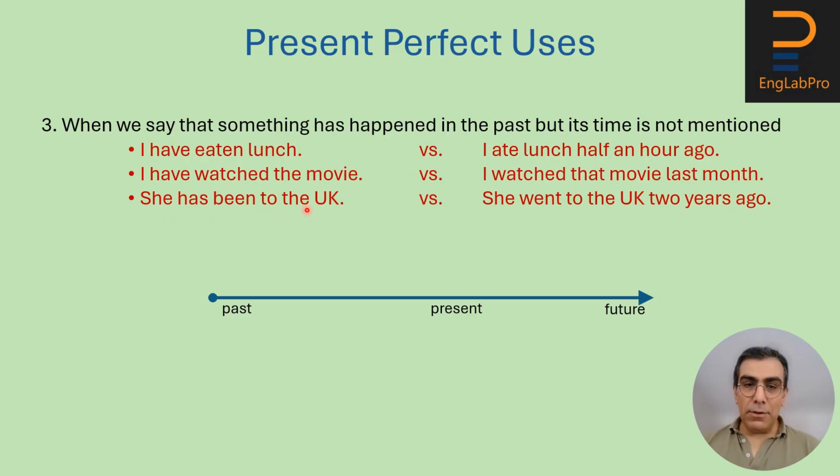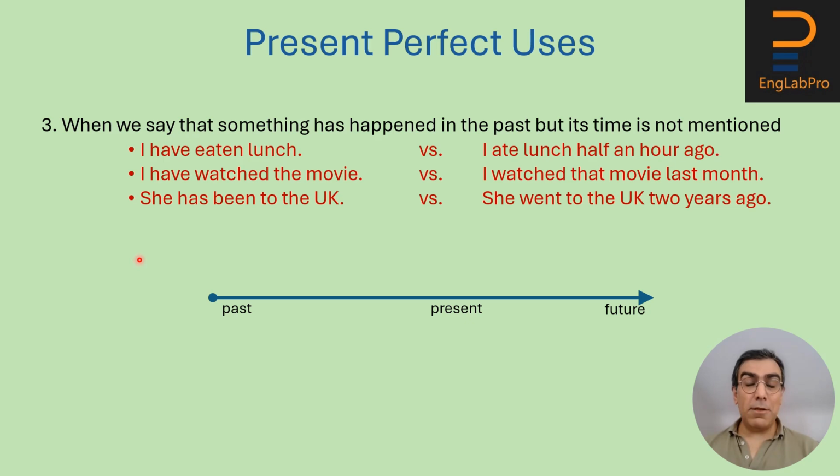She has been to the UK. Means she has traveled to the UK sometime in the past, but we don't know when, or we don't mention when. But when we say when, we use simple past. She went to the UK 2 years ago. So it's basically an action that happened in the past, finished in the past. It has nothing to do with the present, but this is really important.